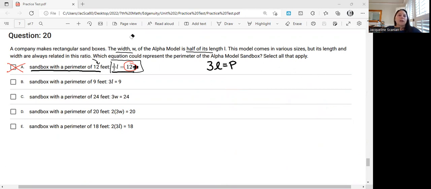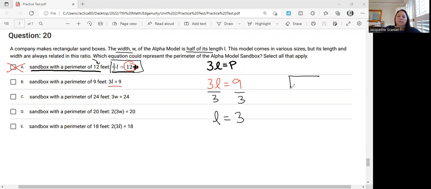Letter B says a sandbox with a perimeter of 9, where 3L equals 9. So if I write 3L equals 9 and I solve this equation, I could divide both sides by 3. And I would get L equals 3.